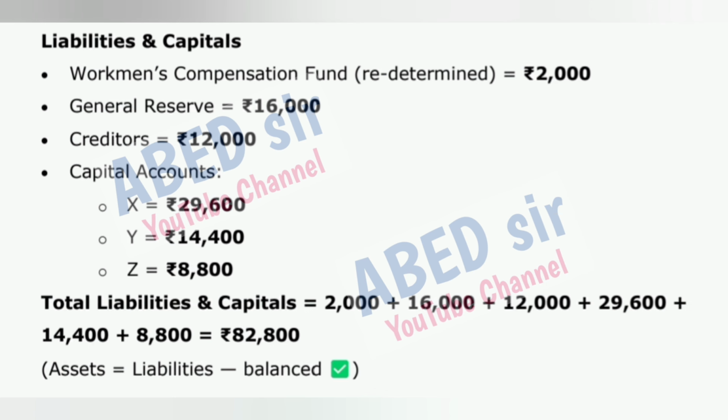Z is equal to 8,800 rupees. Total liabilities and capitals is equal to 2,000 plus 16,000 plus 12,000 plus 29,600 plus 14,400 plus 8,800, which is 82,800 rupees. Assets equal liabilities, balanced.